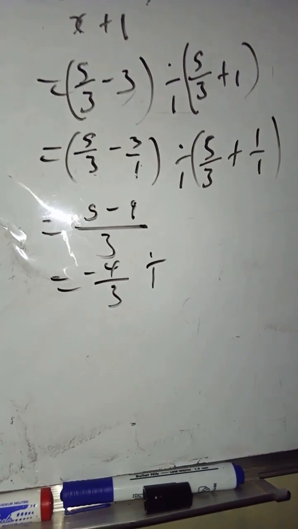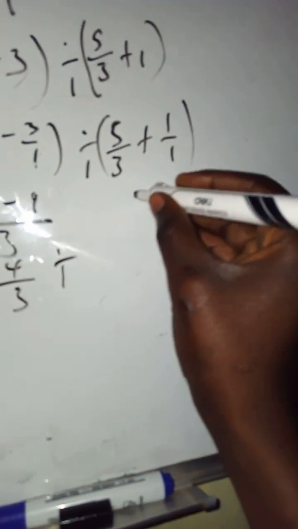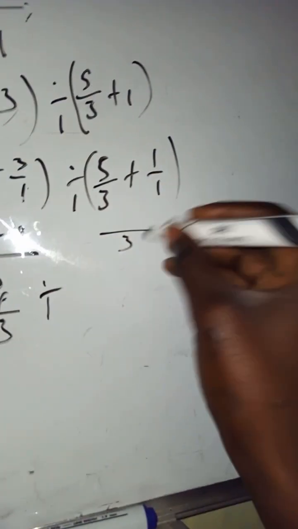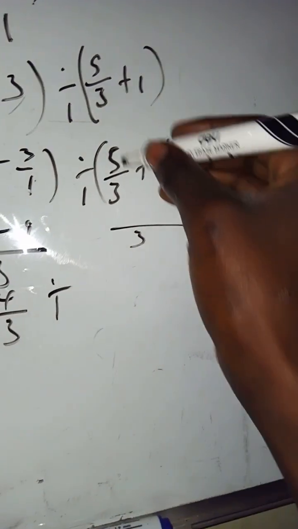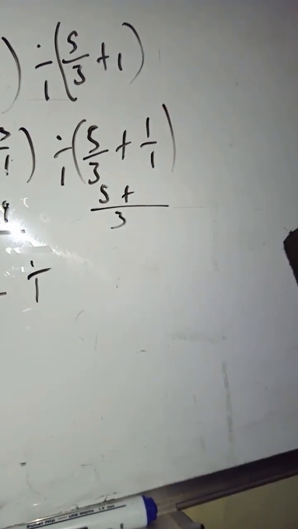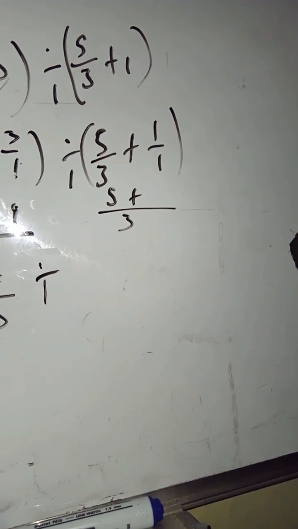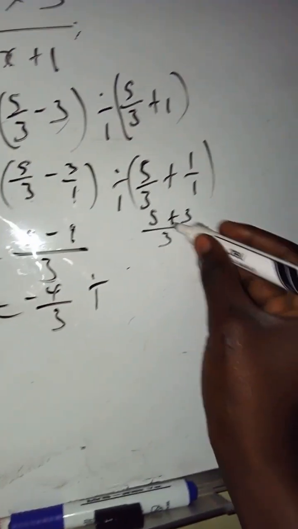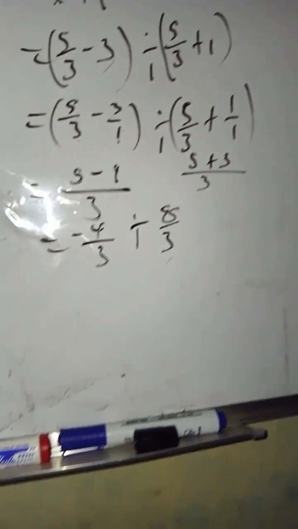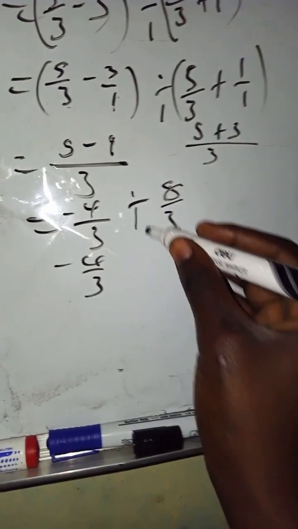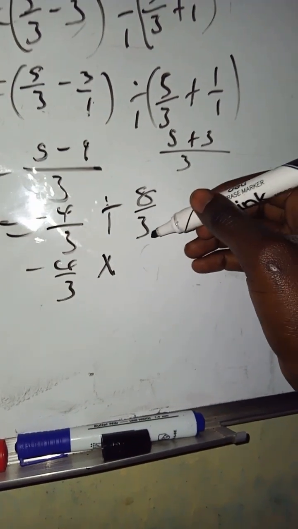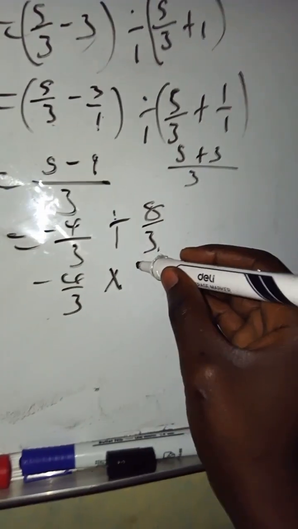Then dividing by, here the common multiple is 3. 3 into 3 is 1, times 5 you have 5, then plus 1 times 3, that is 3. So I have 8 over 3. So negative 4 over 3, then this must be changed to multiplication. You multiply, and what is down will be on top. So I'm going to have 3 over 8.